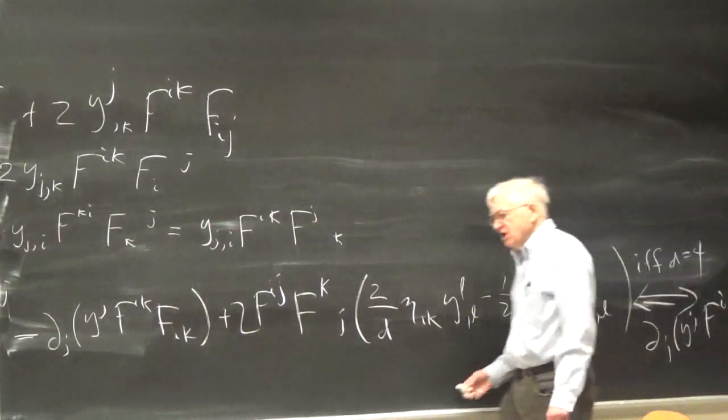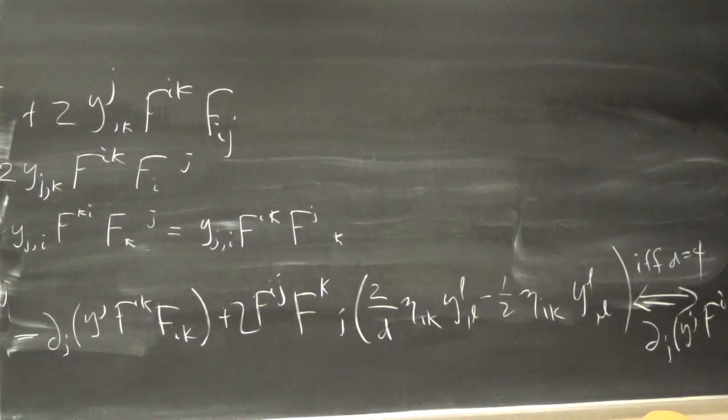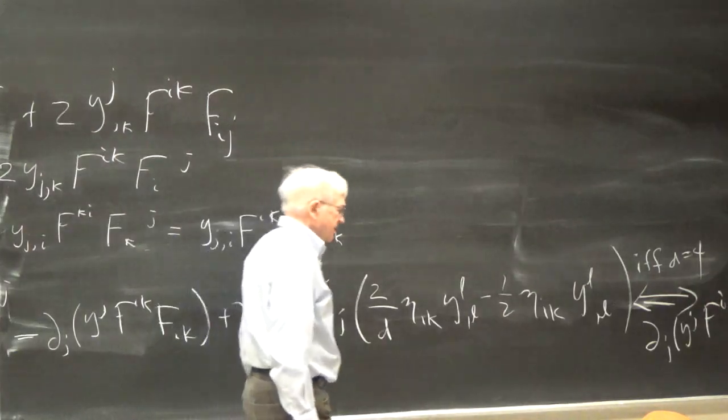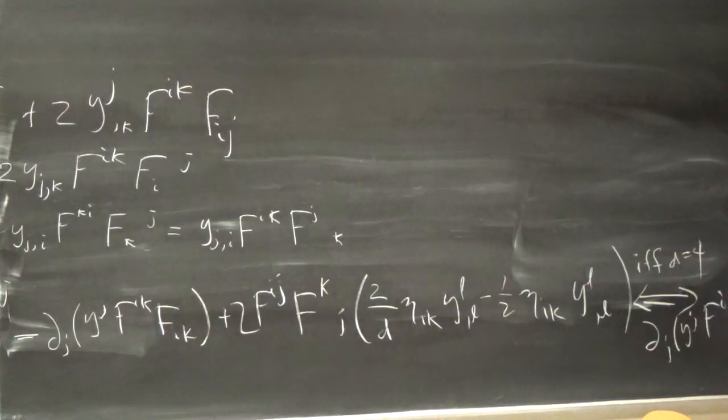So in other words, the change in the Maxwell action under a coordinate transformation characterized by a vector y, if y is a conformal killing vector, then this has a special form, and in 4 space-time dimensions, it is a total divergence.